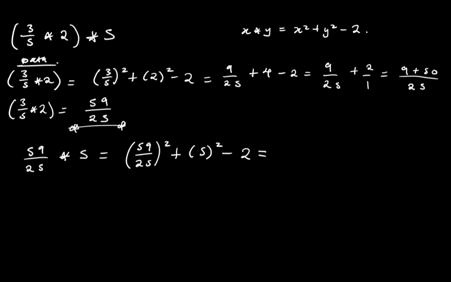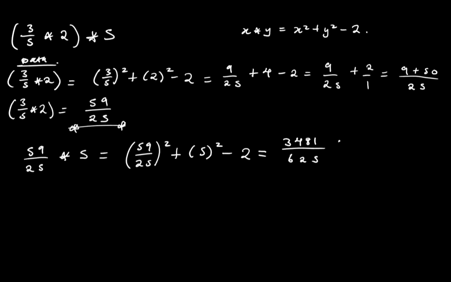Therefore, 59 squared will give us 3,481 over 25 squared, which will give us 625.